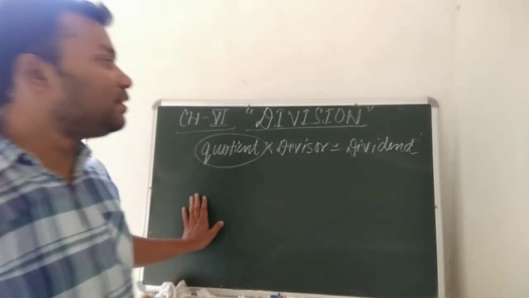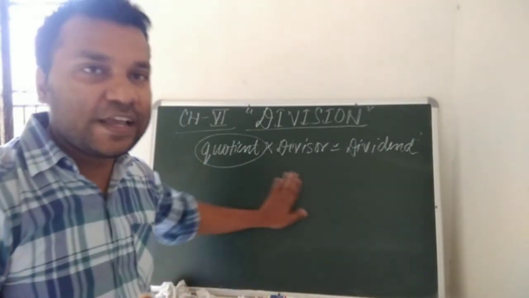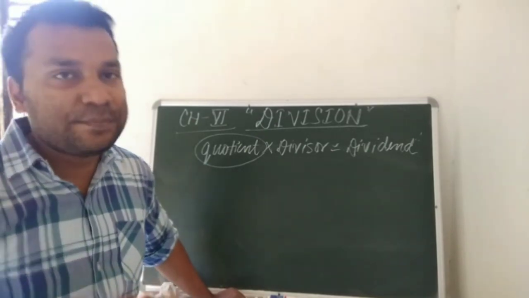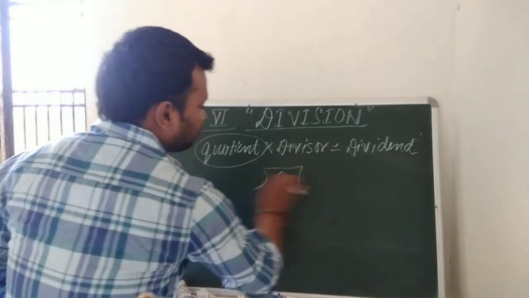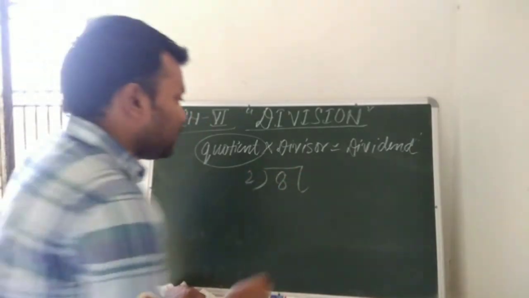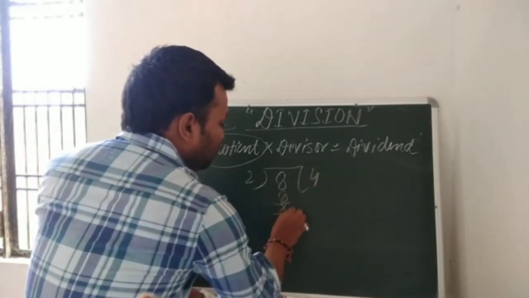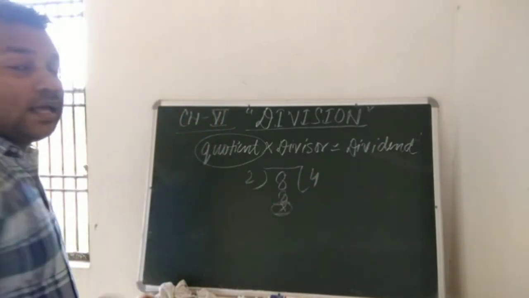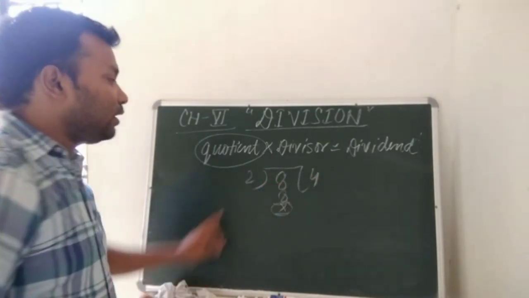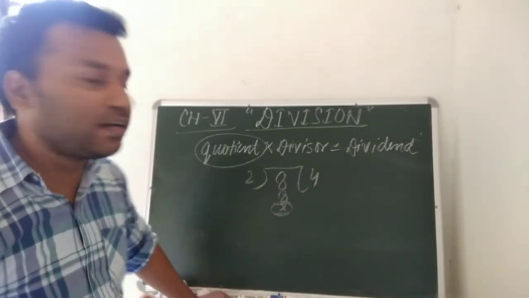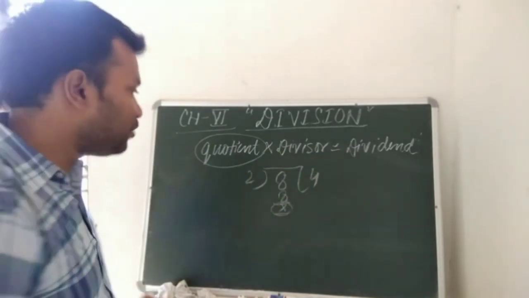Let's try to understand the whole statement and verify this relation with the help of a very simple example. Suppose that you are dividing 8 by 2. Then of course you will get your answer as 4, because 2 fours are 8. Now, in the language of division, 2, 8 and 4 have specific names: divisor, dividend and quotient.